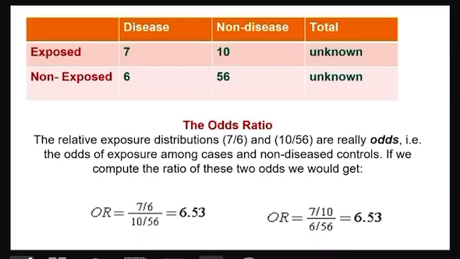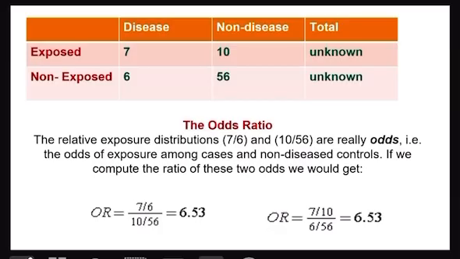At times, we may not know the total population of those who are exposed and the total population of those who are not exposed. I'm putting that as unknown. But we know the total population of those who have the disease and those who do not have the disease.